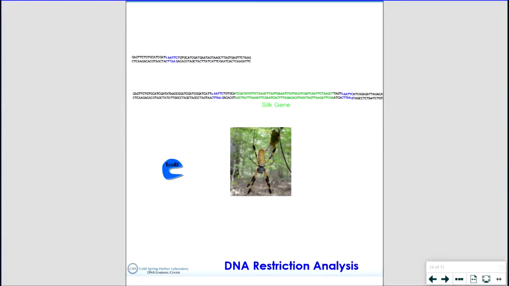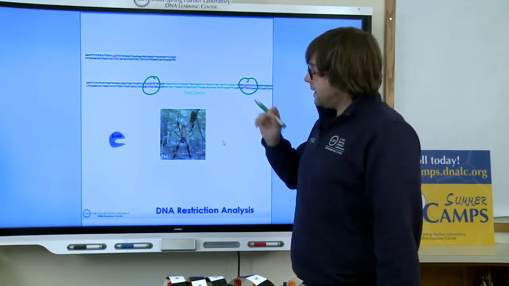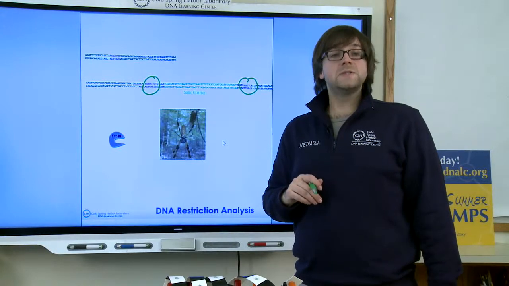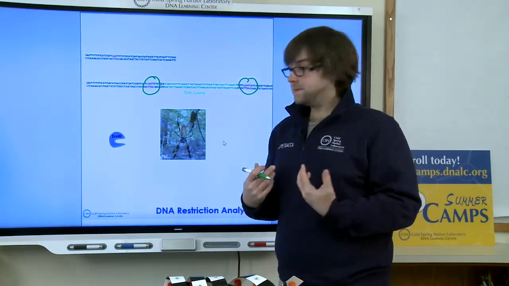We would figure out a cut site that would occur on either side of the gene. So for instance, in this example, I noticed that I have a GAATTC cut site on either side of the silk gene. So I might want to use enzyme EcoR1 to cut that spider's DNA at those locations. That would essentially remove that gene for us.